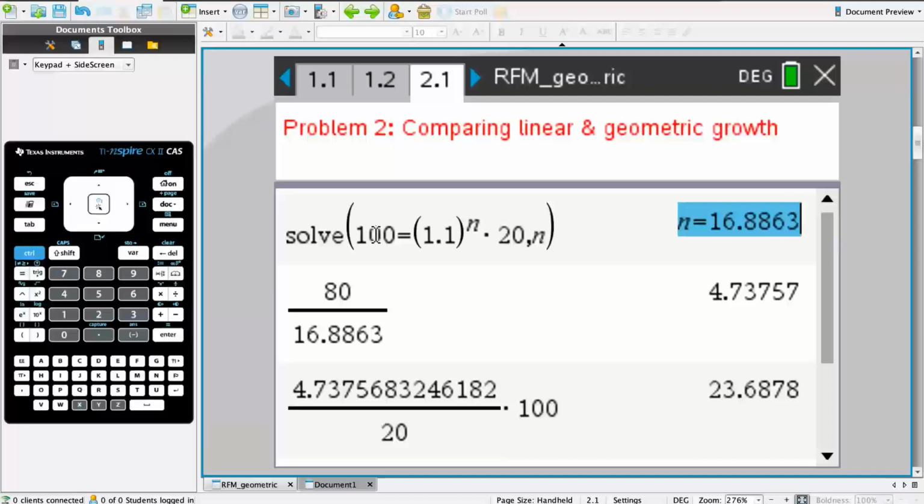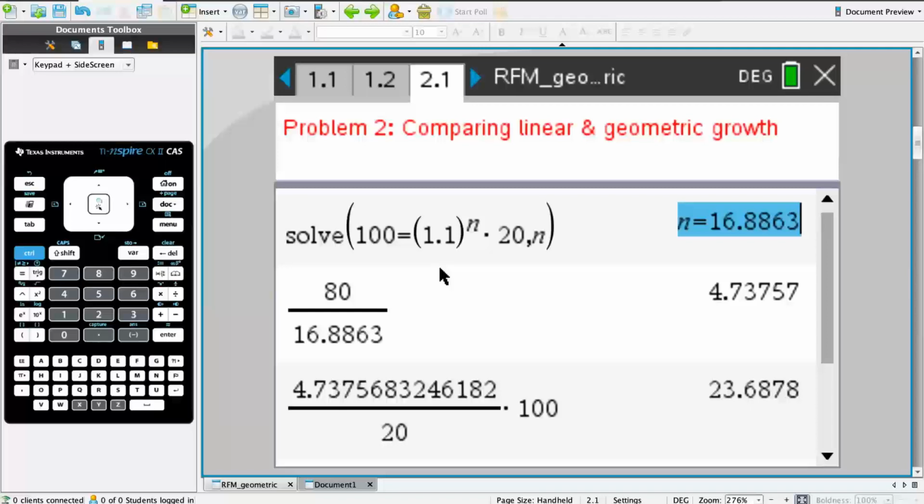The multiplier is 1.1 because it's 1 and 10 over 100. And the V0 is there as 20, and we're solving it for n. So that's quite a fair amount of time. It's saying that it's going to take nearly 17 years for it to reach a height of 1 metre.